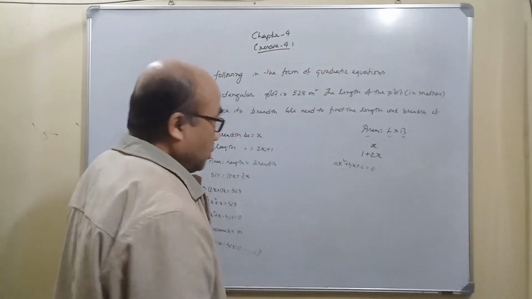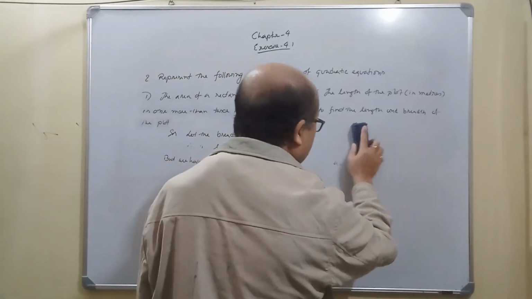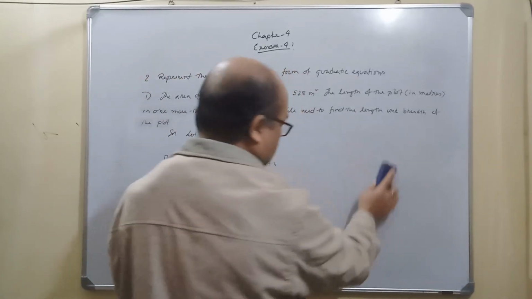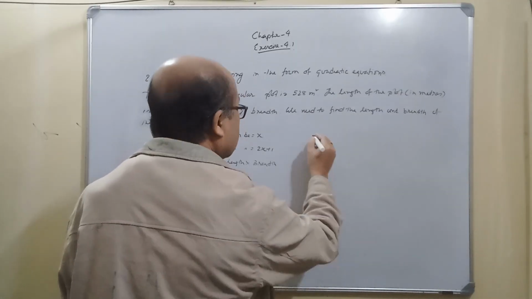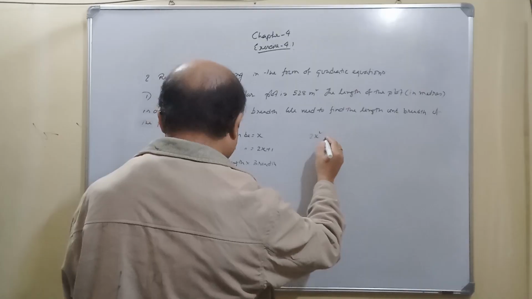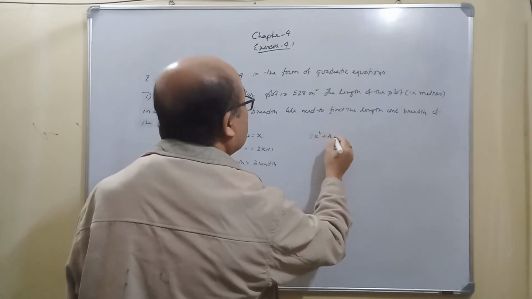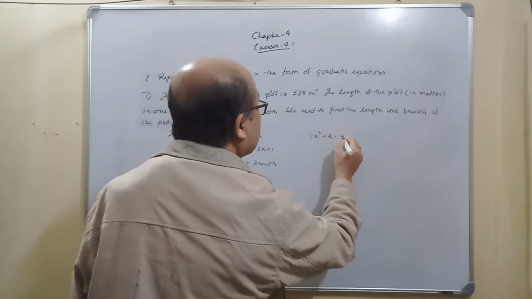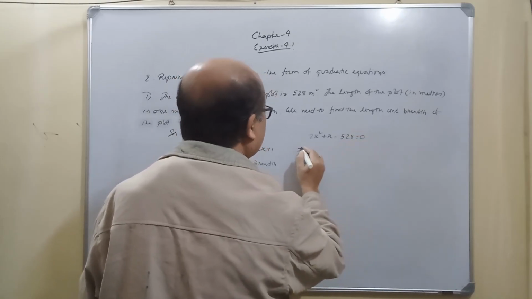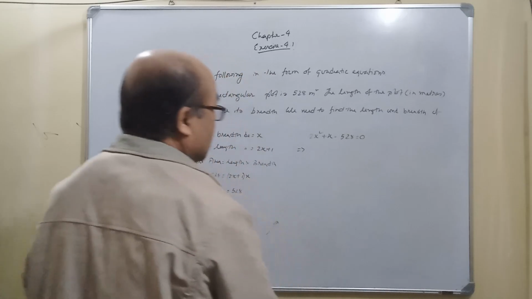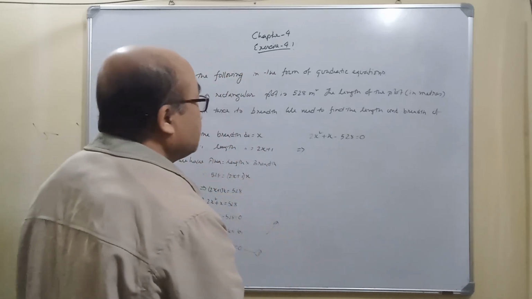Now comes the next part, which is solving the equation. So now we have the equation 2x square plus x minus 528 equal to 0. Let us solve it for x.